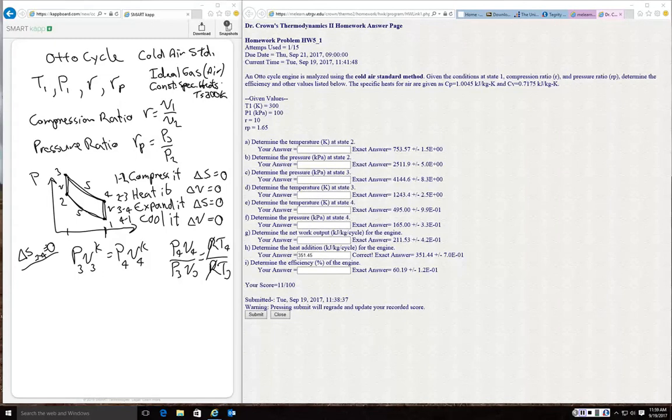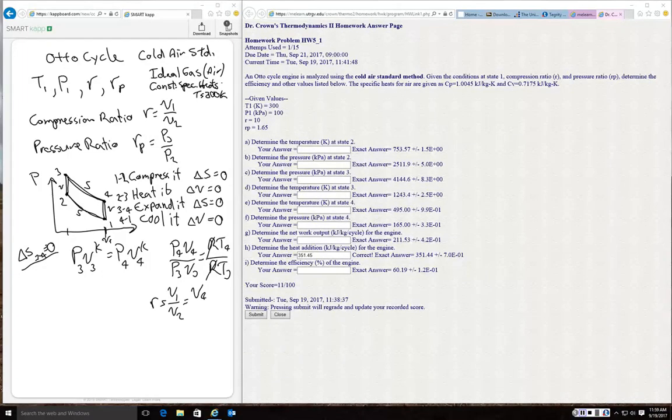But if you'll notice that V1 over V2 is what we call the compression ratio. And V4 is the same thing as V1, same specific volume. So I can replace V1 with V4. V1 is right here on the graph, and V4 is at the exact same place.